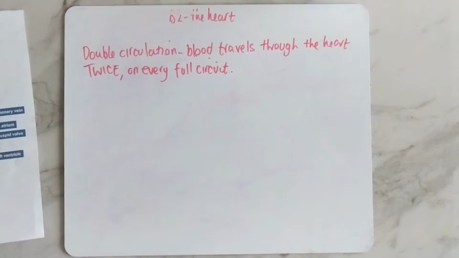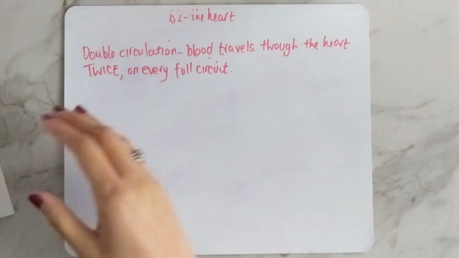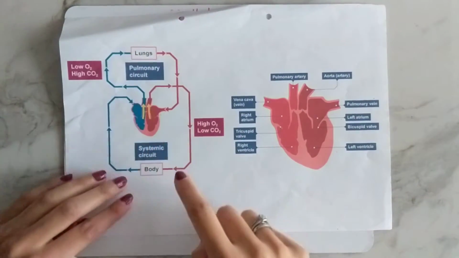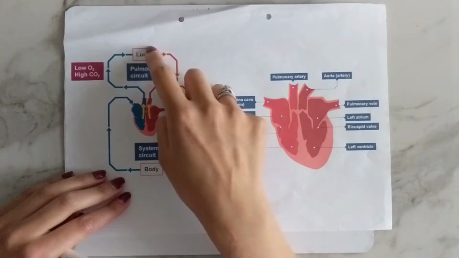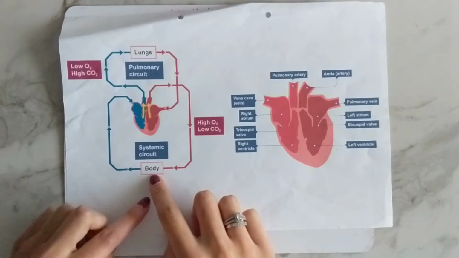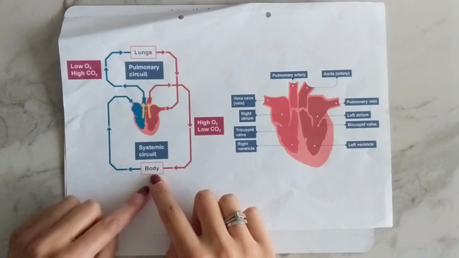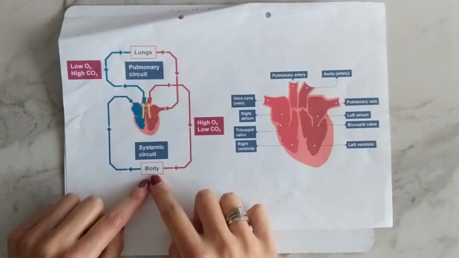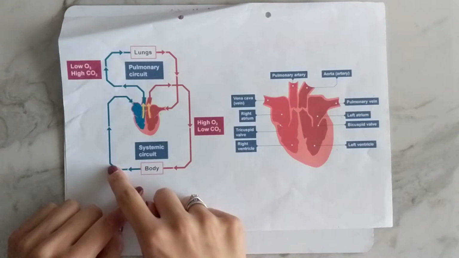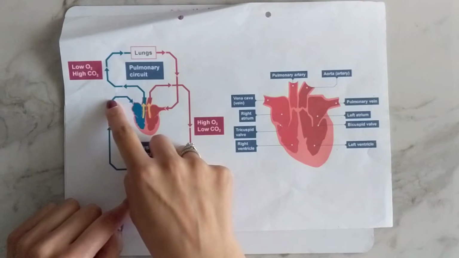on every full circuit. So if I show you the diagram again, I'll just point out what that means. So here's the heart, here's the body, here's the lungs. So let's start at the body. The body has used up the oxygen and the blood is now coming back as deoxygenated blood to the heart.